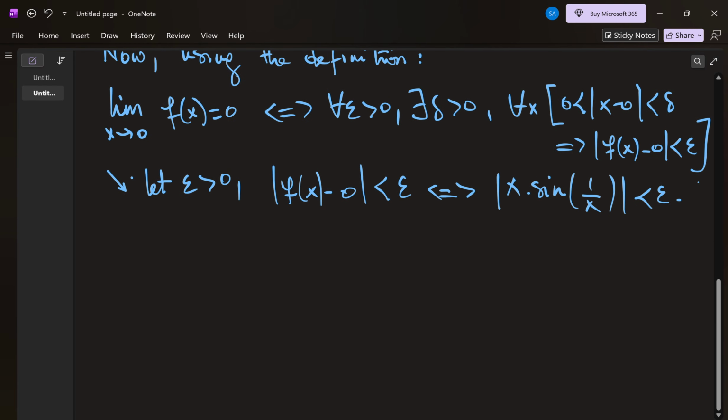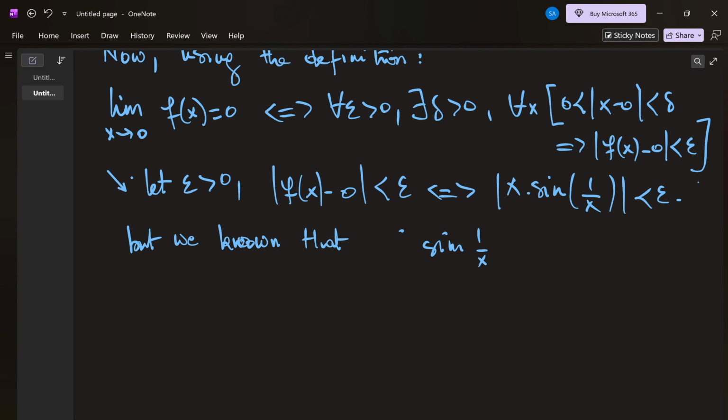But we know that the absolute value of sine 1 over x is less than or equal to 1.